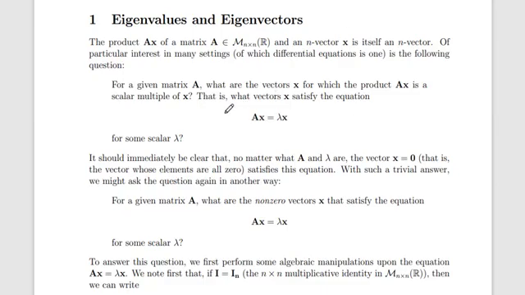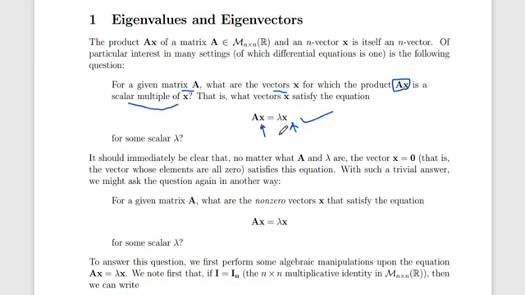The definition of eigenvalue and eigenvector is: for any given matrix A, what are the vectors x for which the product of the matrix and the vector is a scalar multiple of the vector? So we have to find the vector x such that Ax = lambda x.